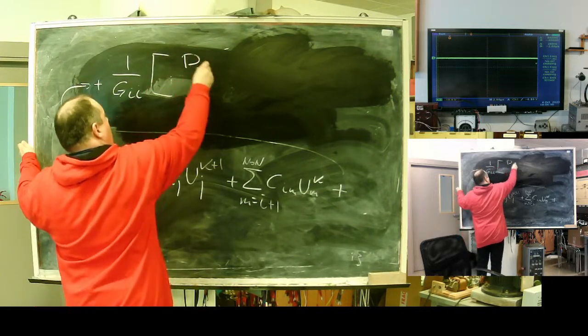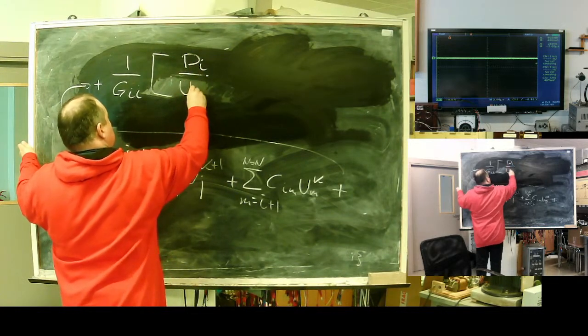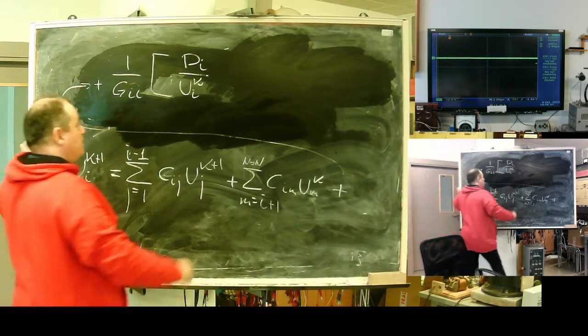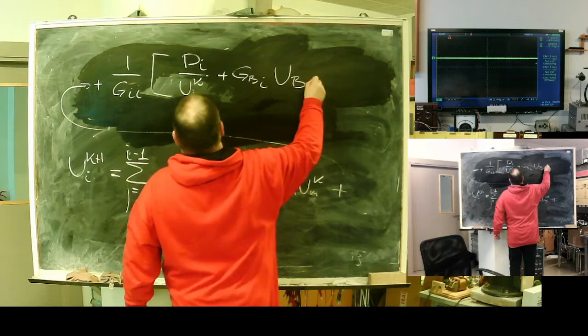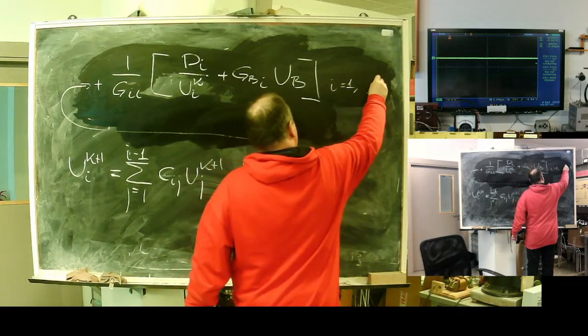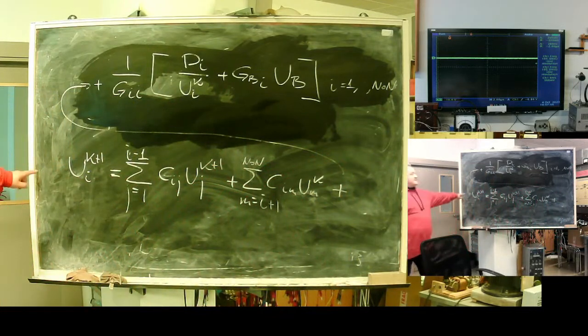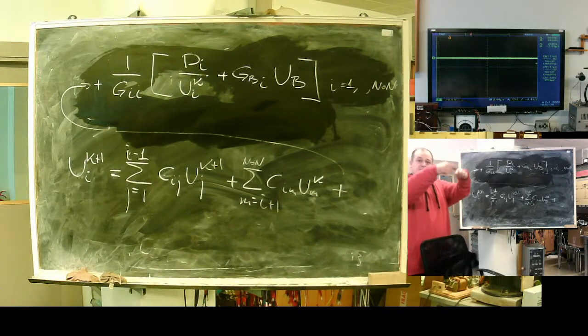I will have power at node i divided by voltage at node i from the previous state, plus the base node voltage. This should be done for each i from 1 to the number of nodes. Here is Seidel's iterative form for constant power loads. It will yield the solution in steps, closer and closer.